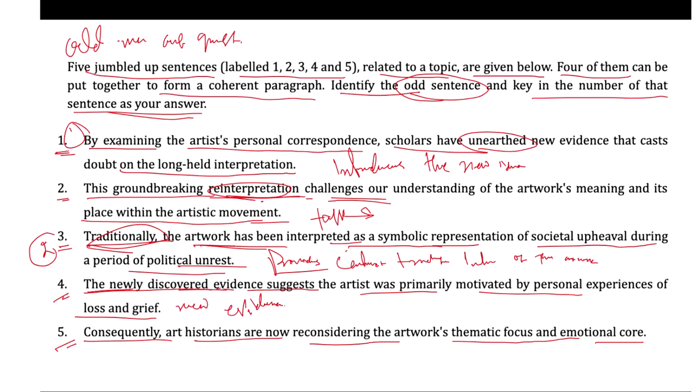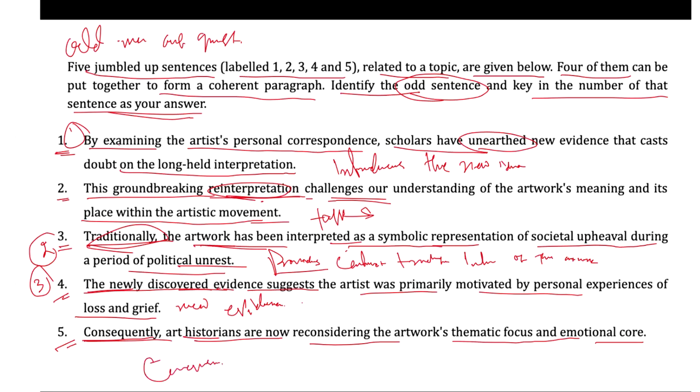So we can say that this would be the next sentence to this pair. But the fifth is indicated by 'consequently': art historians are now reconsidering the artwork's thematic focus and emotional core. So we can say that it is a conclusion, showing the impact of the new evidence on art historians' views, isn't it?